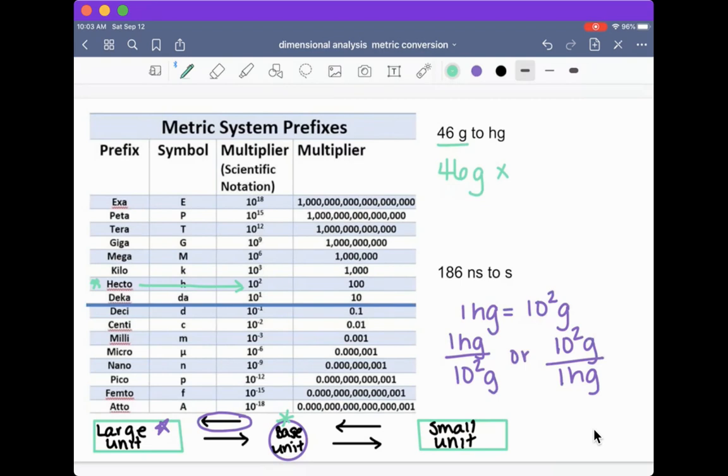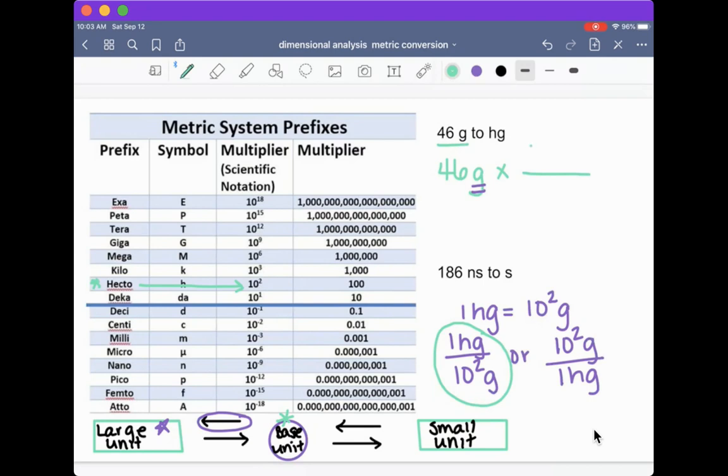So I've got the gram on top, so I'm starting in the gram. Remember, you always want to cancel out the units. So the unit in the previous step will end up being the denominator in the current step. When I set up my fraction bar, I'm going to want to use the fraction that has gram on the bottom. So I'm going to use that one right there.